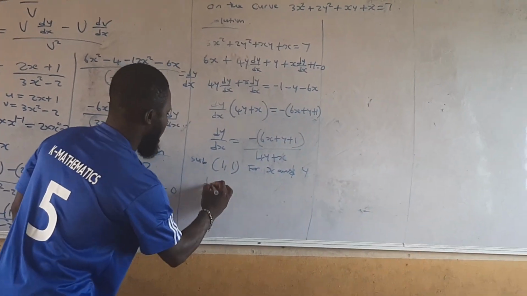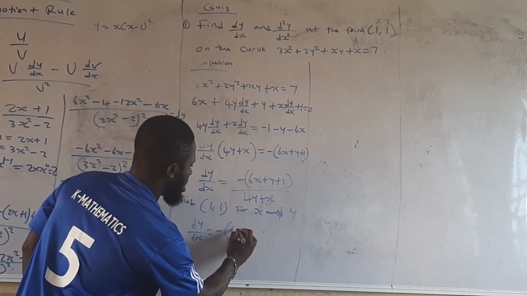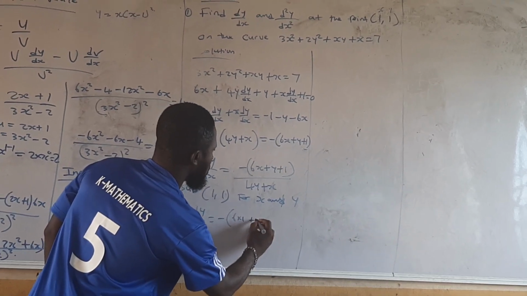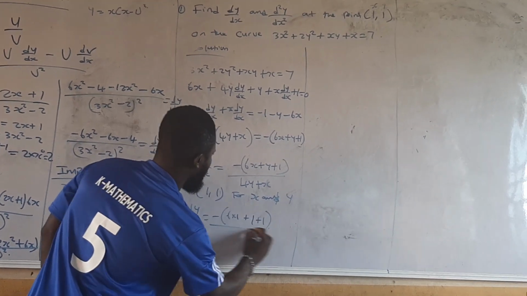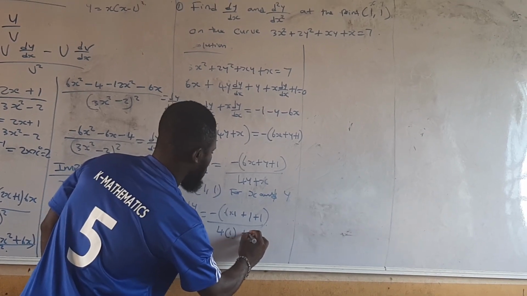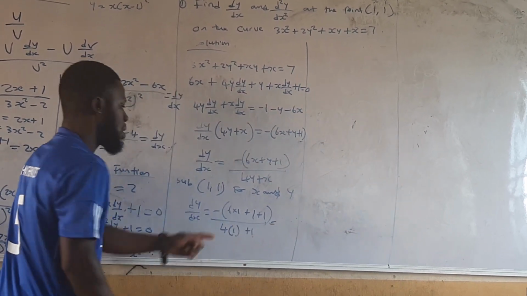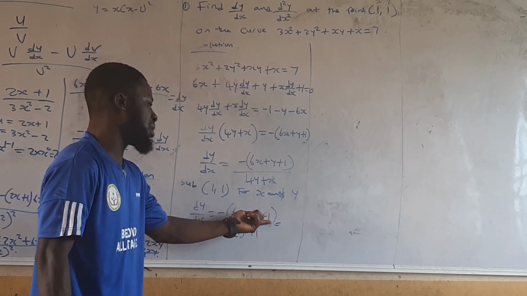So dy/dx turns to minus into bracket 6 times 1 plus 1 plus 1, all over 4 into bracket 1 plus 1. 6 times 1 is 6, plus 1 is 7, plus 1 is 8.